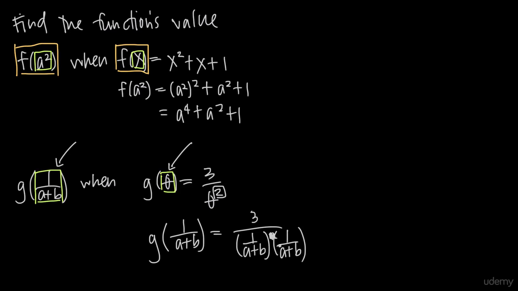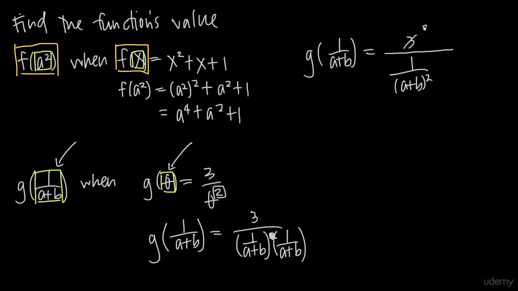Multiplying these fractions together, we multiply across directly, and we'll go up here and say g of 1 over a plus b is equal to 3 over, and then here 1 times 1 gives us 1, and then a plus b times a plus b we can just say is quantity a plus b squared, and we could have FOILed it out, but we can just leave it like this for now.